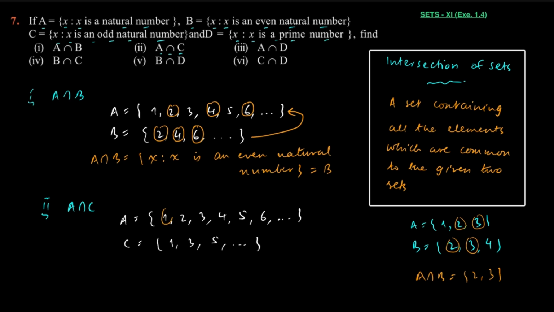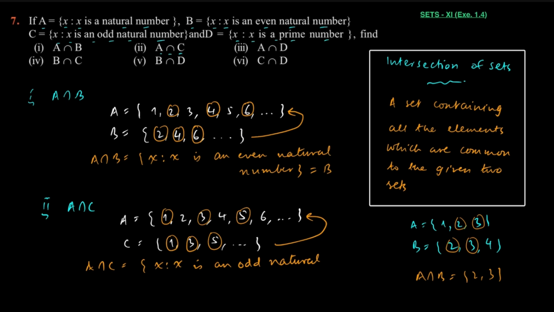So what are the common elements? 1, 3, 5, which means all elements of set C are contained in set A. So what will be A intersection C? It will be x such that x is an odd natural number.